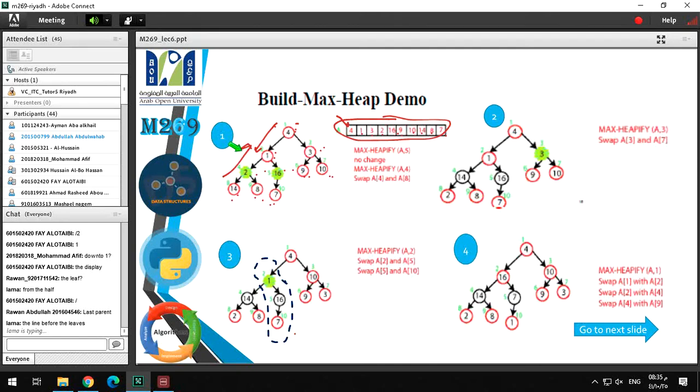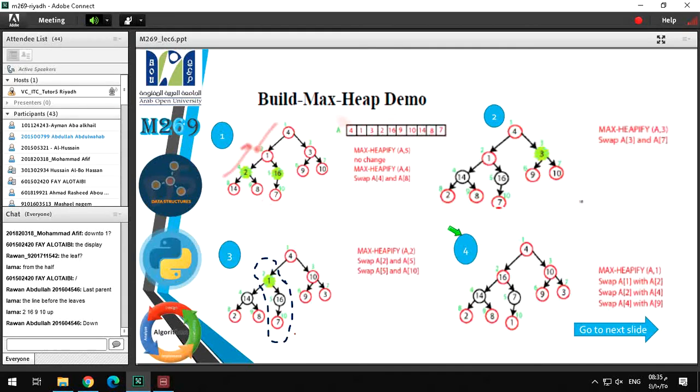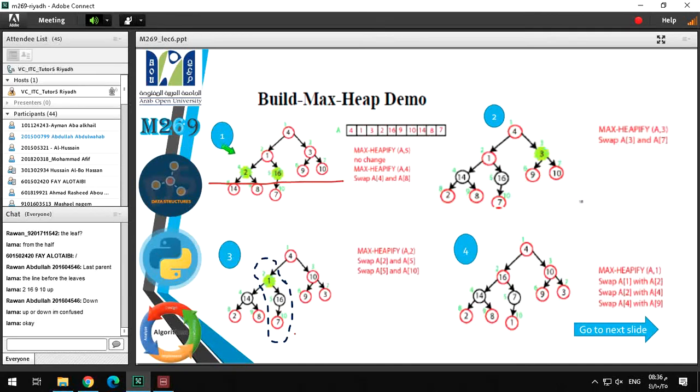Here, down, or should we start here? Yes. So we should fix the problem first. This is the last level, so we should start working on this level, backward, up, here, up.